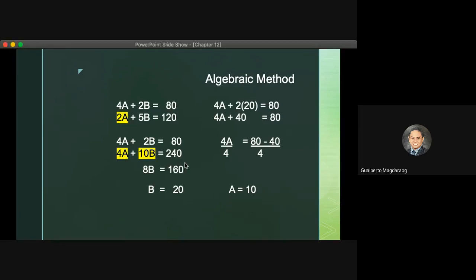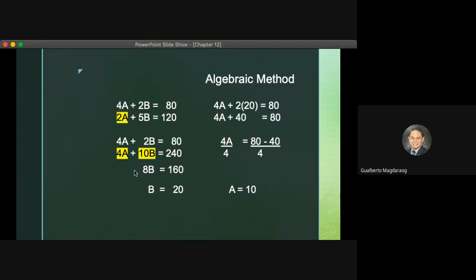So 2 times 120 is 240. And then we can now deduct the second term from the first term because they are now the same. So that will cancel.